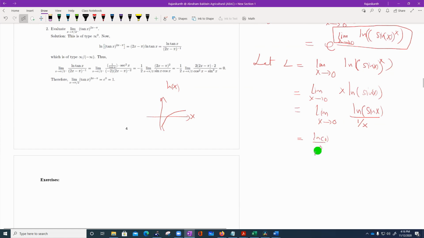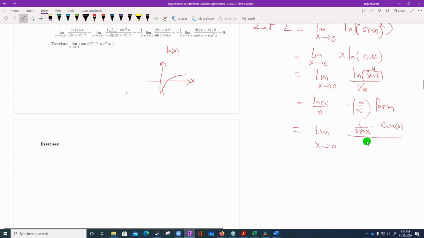I'm going to use the L'Hopital rule now because of the infinity over infinity form. That means taking the derivative of these two functions. So what is the derivative of ln sine x? You could think of this as u. So the derivative of ln u is 1 over u times u prime. u prime is the derivative of sine, which is cosine x, right?